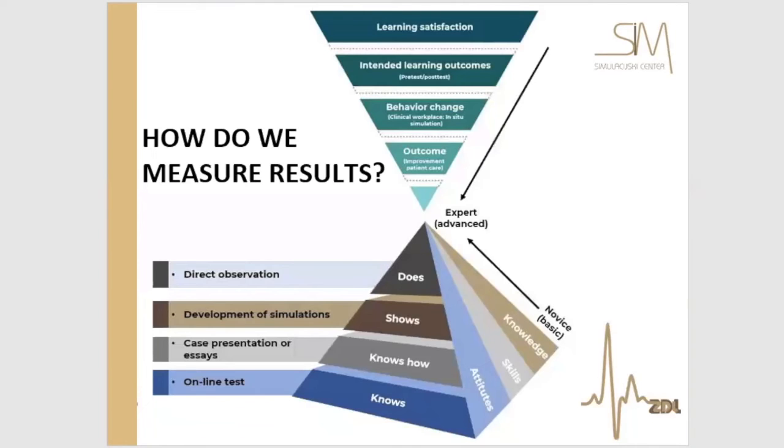Okay. A little bit about how we assess or measure our results. We basically want to come from basic knowledge to expert advanced knowledge. So we use this pyramid, which we all know: knows, knows how, shows, does. We use this by online testing, case presentations, simulations, and direct observations.